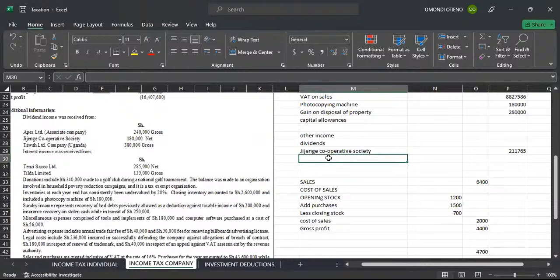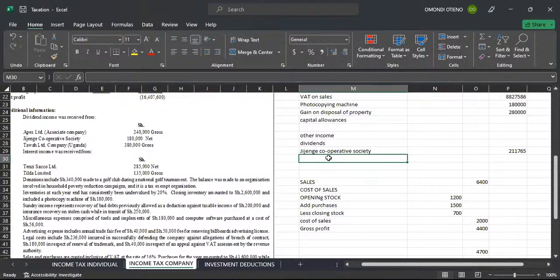Then we come to the next company still under dividends. We have Tower Limited company in Uganda. So these people have invested, they have done foreign investment. The investment to the foreign countries or outside Kenya are also exempted from taxation.